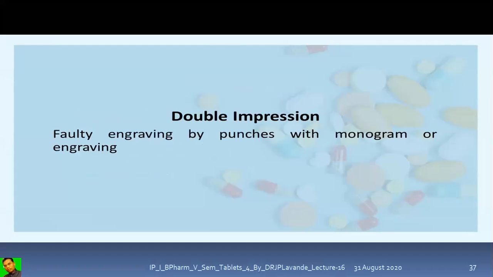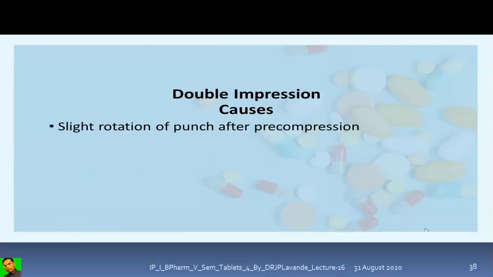Double impression. This is the last defect in tablet manufacturing. Faulty engraving by the punches, with monogram or engraving, will lead to double impression. The cause is slight rotation of the punches after the pre-compression. The tablet is formed by exerting pressure between the upper and lower punches.